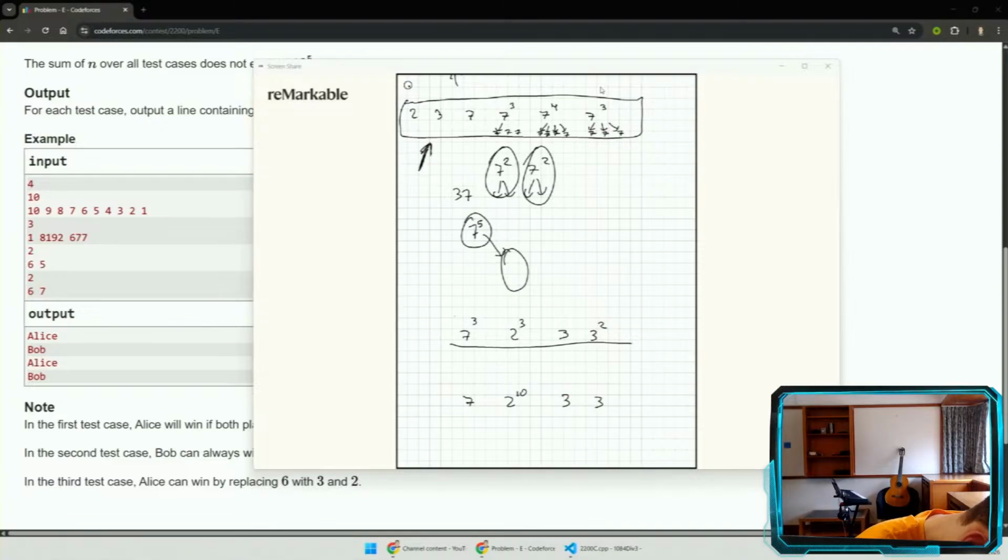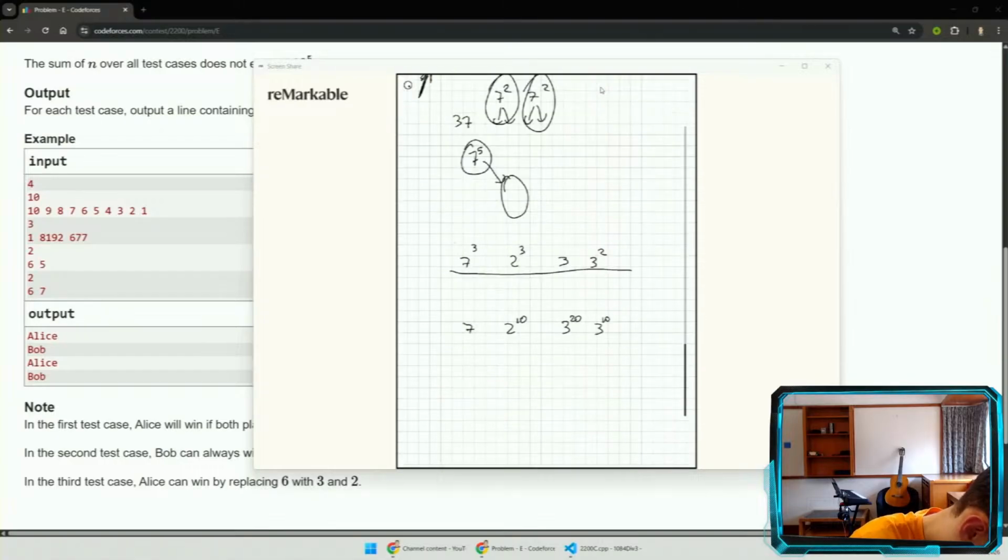Let's just say 3 to the 20 and 3 to the 10 here. So this is currently increasing, and then there's a drop at the end. So this is not currently game over. But if Bob drops this to 2, 3 to the 10s, it will be game over.